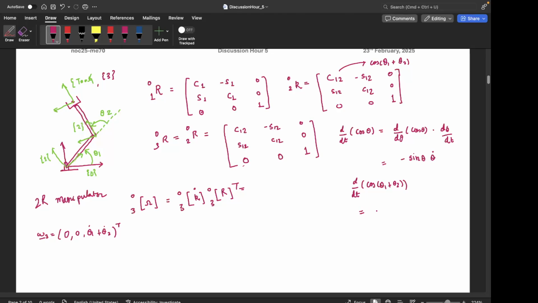First we will apply the chain rule with respect to this entire thing, let's say you write it as phi. So it will be minus sine phi, and this will be phi dot, right?